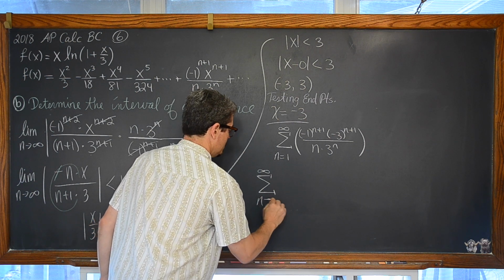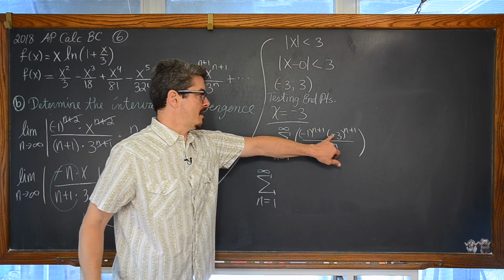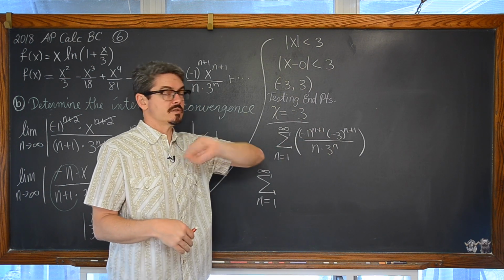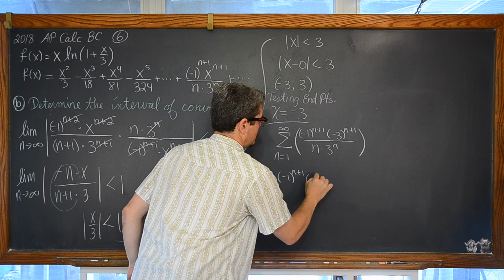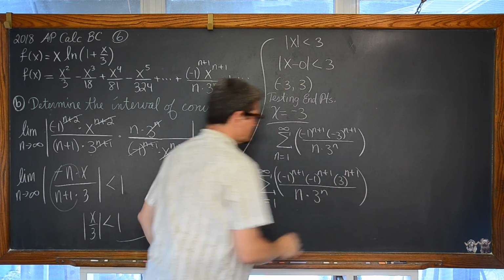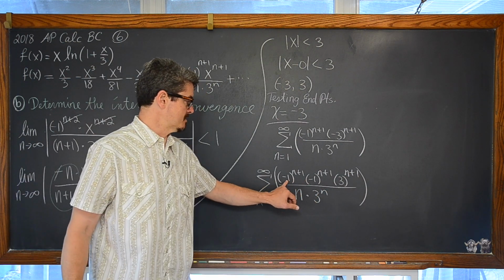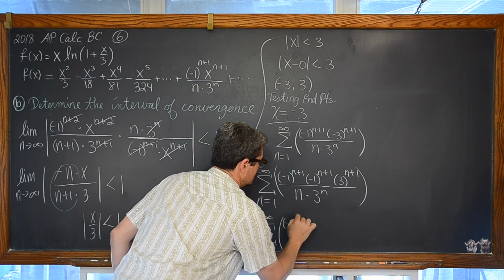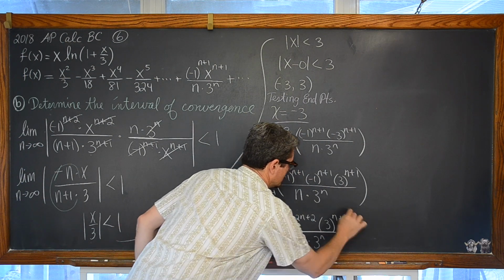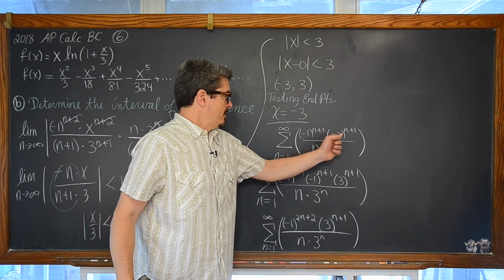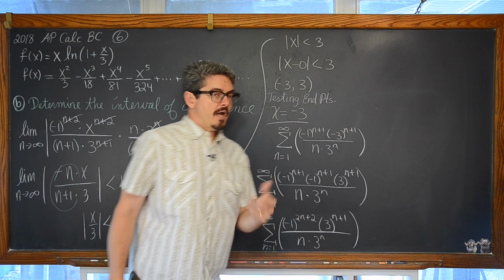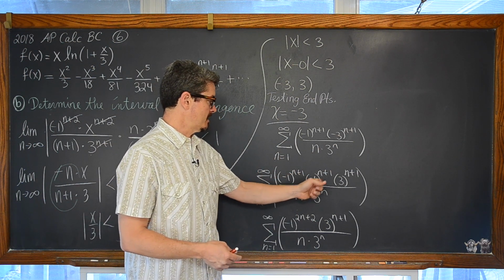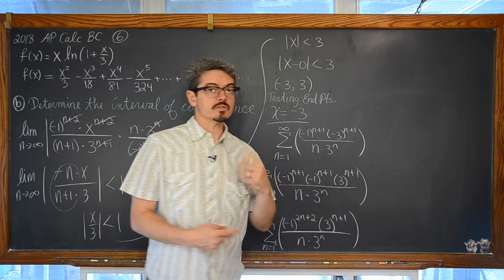So first thing I'm going to do is bring out this -1 as its own factor so we can see how it combines with this (-1)^(n+1). When you multiply like bases, of course, we add the exponents. So rewriting that (-3)^(n+1), with the expansion now, we have (-1)^(n+1) times (-1)^(n+1) times 3^(n+1).